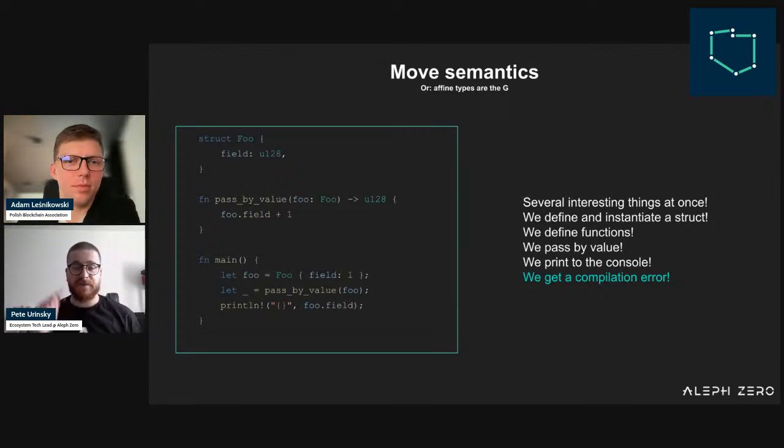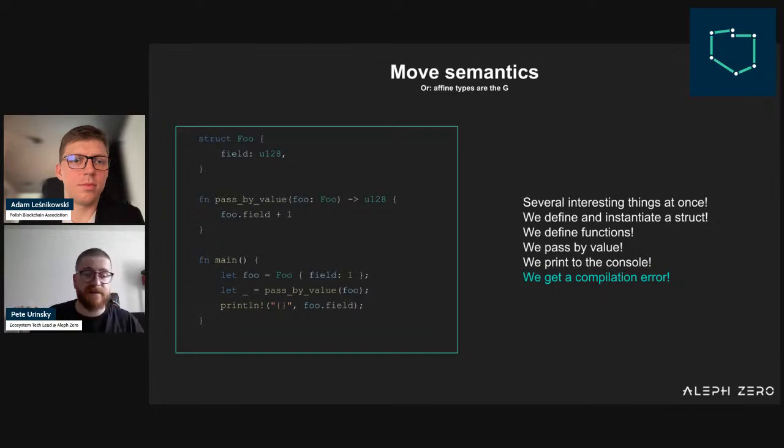So this is a very simple example. If you're not interested in the move semantics and borrowing and everything, you may get your coffee now. But I think it's quite interesting. It's the simplest example I could come up with. So let's say we have this struct that has a single field, and we have a function that takes a full struct, and it takes it by value, right?